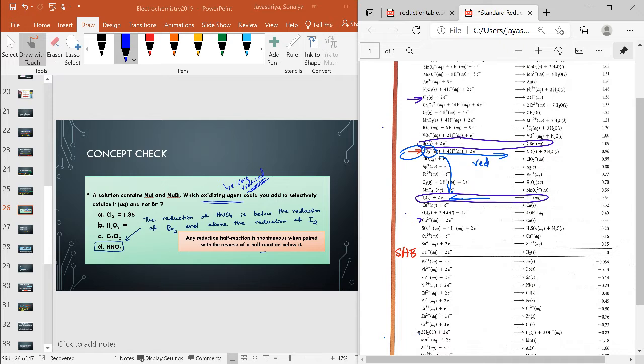As nitrogen in the nitrate becomes reduced, iodine will become oxidized. But because nitrogen in nitrate is below bromine, it is powerless against bromine. So the reduction of nitric acid is below the reduction of bromine and above the reduction of I2. Therefore, iodine can be selectively oxidized by nitric acid, and bromide will not be affected.